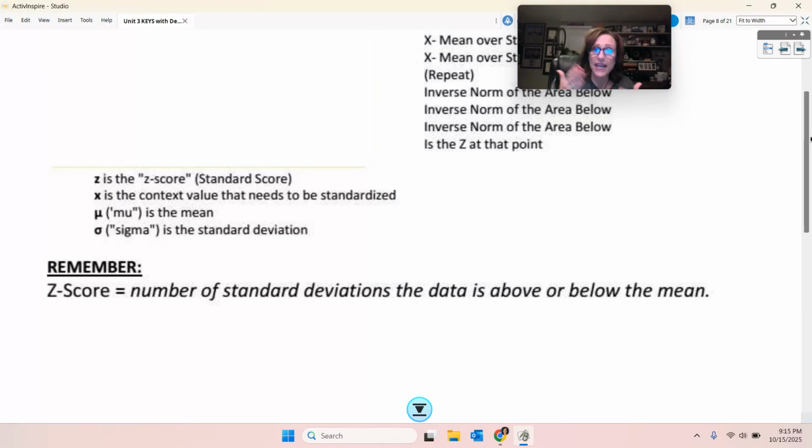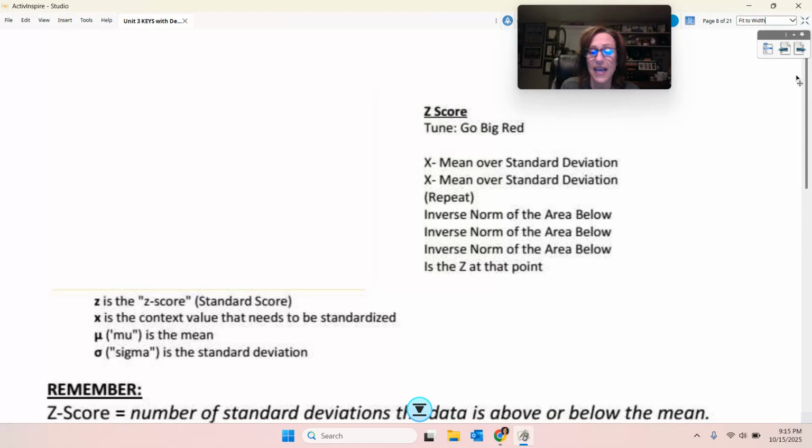Mathematically, when you want to find how far you are away from something, you find the difference. So I want to see how far your context is from the mean, x minus the mean. Then I want to do that in terms of standard deviations, so that's x minus the mean divided by how many standard deviations it is. That's how our formula came about.